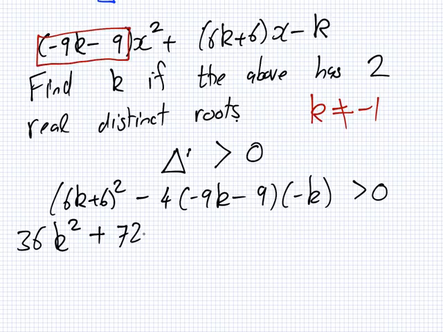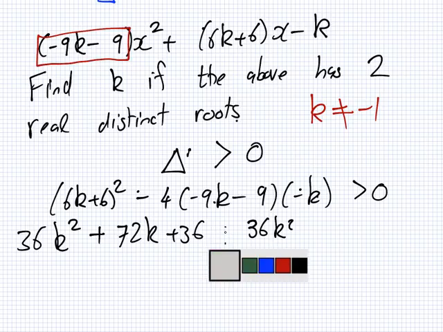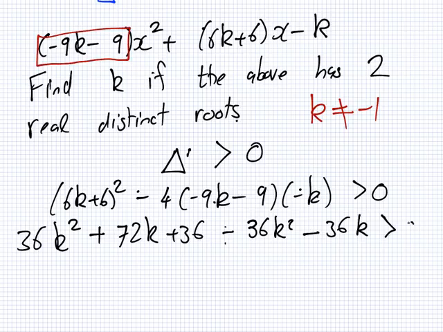Yeah. 72k plus 36, minus by minus is a plus. 4 by k by 9k is 36k squared, isn't that right? Minus. Yeah. Is it minus? Minus, minus, minus. Sorry, there's three minuses. And then minus, minus, minus, minus again. 36k should be bigger than 0.